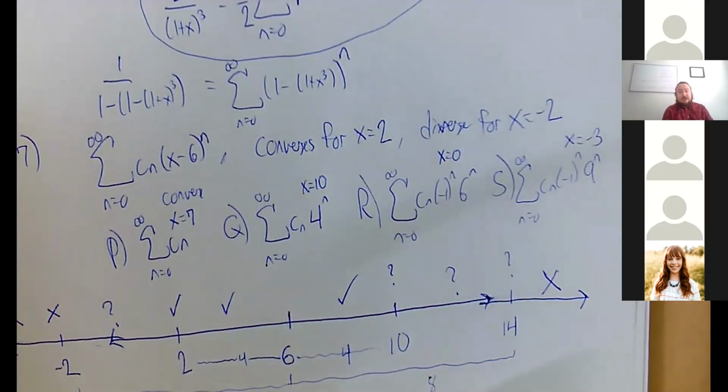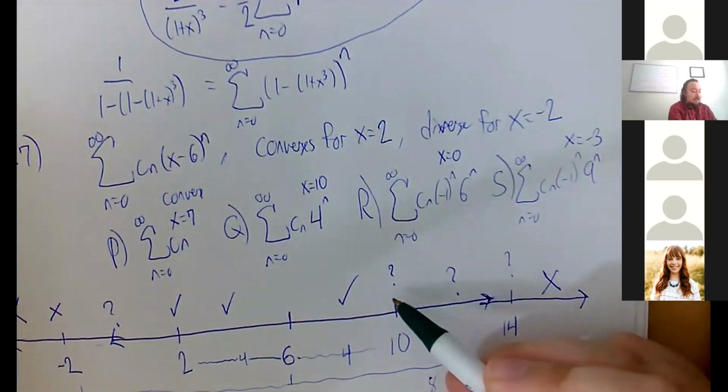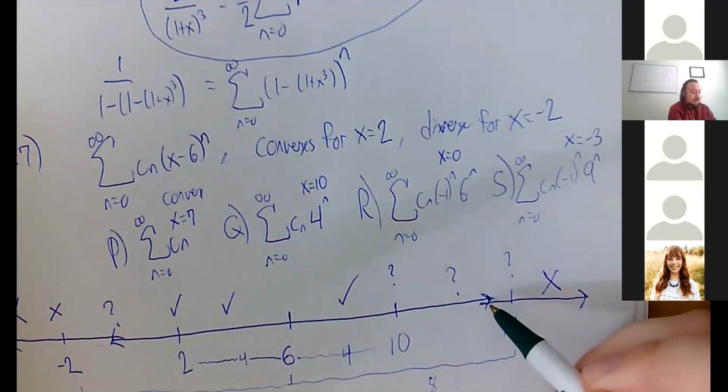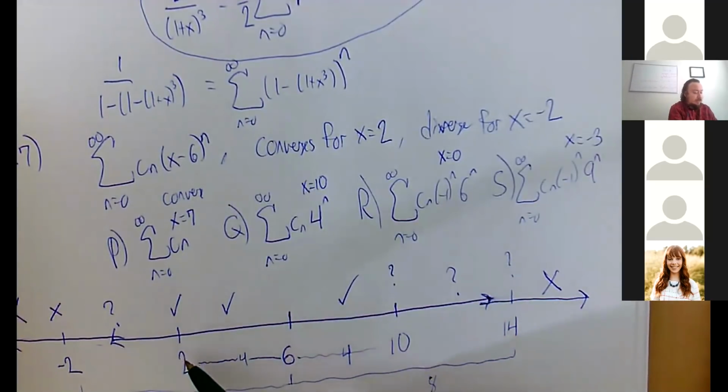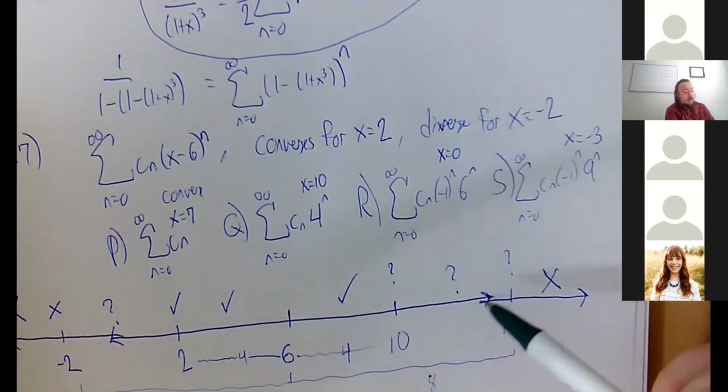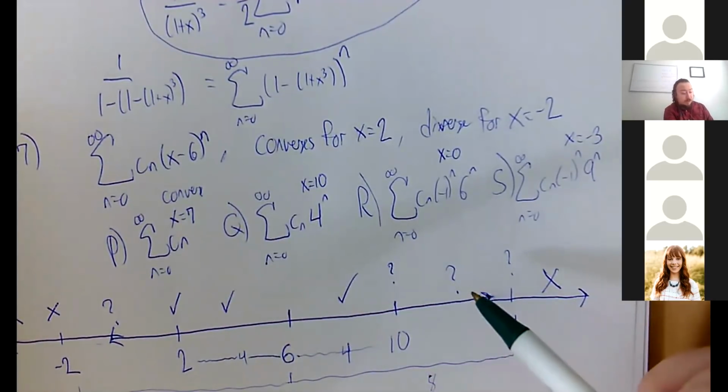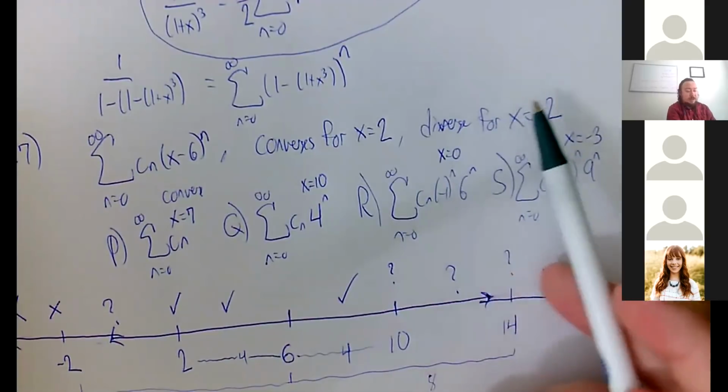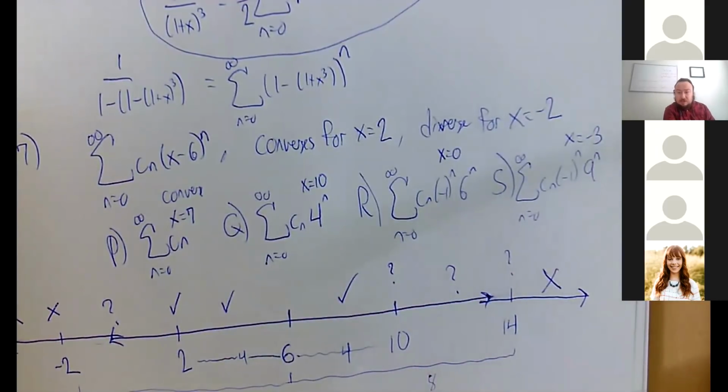We don't have enough information to tell us what's going to happen in there. We would need to know if another x value converged or diverged in order to say anything about that. So for 10 through 14 inclusive, and then between -2 and 2 non-inclusive, we actually don't know whether it's going to converge or not, because we would need more information. All right. Yeah, where am I getting these x values from?